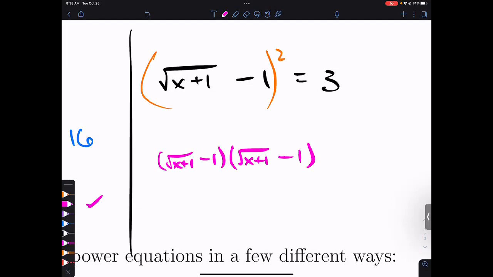This is 2 things. So you would FOIL, which means you multiply those, but then you get this messy minus 2 square root x plus 1 term, and it doesn't cancel the radical. This would be x plus 1 minus 2 square roots of x plus 1 plus 1, in case you're wondering, which is worse, right? We went the wrong way.